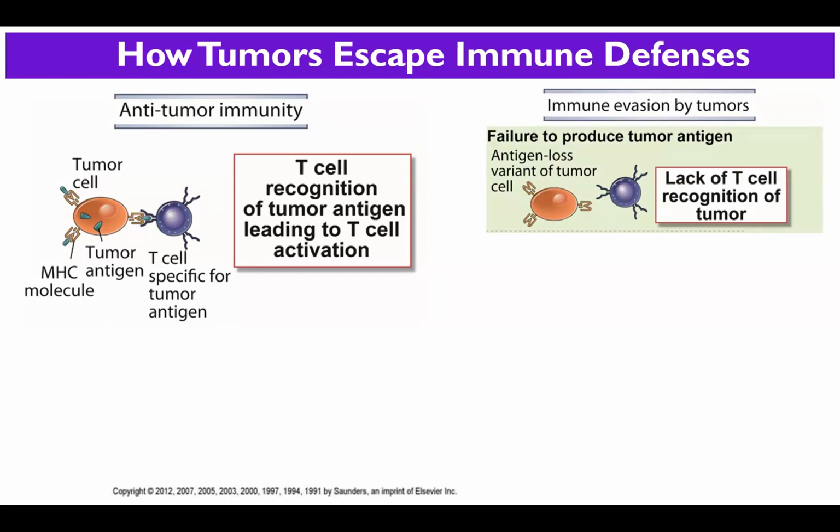However, one of the easiest mechanisms by which tumor cells evade is that the cancer cell does not express a cancer-related marker, or there is an absence of display of cancer-specific epitopes on the surface, which means that T cells cannot recognize it.